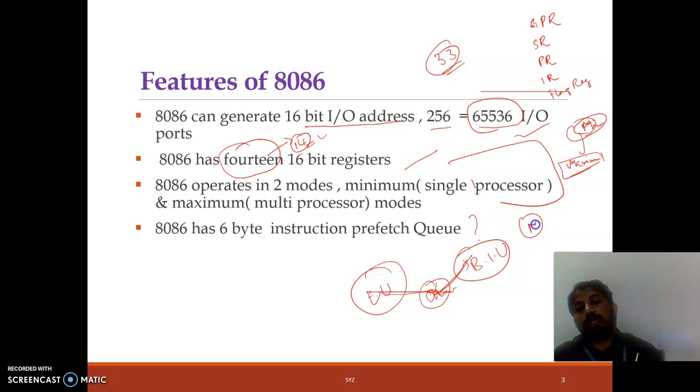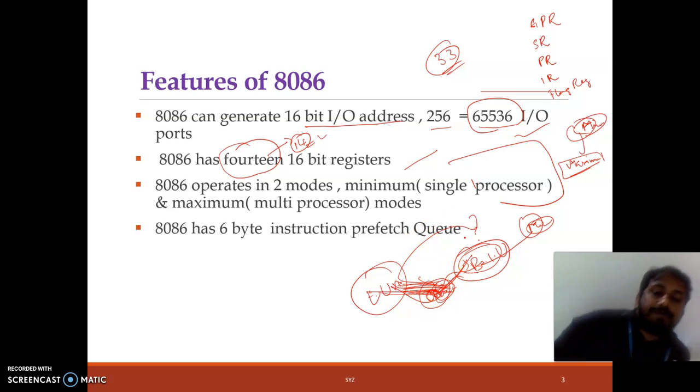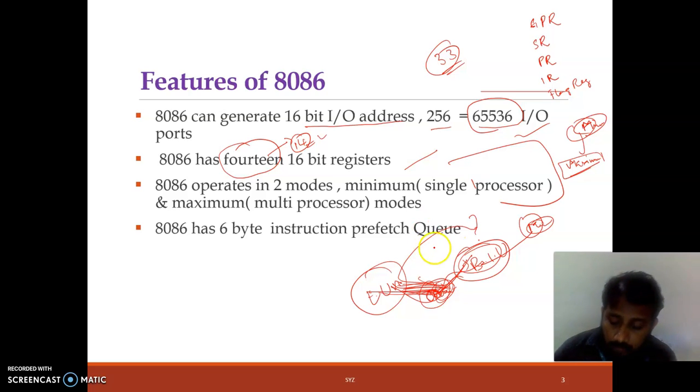The bus interface unit takes data from the memory and feeds it into the queue. One instruction is fed into the queue, and then that instruction gets executed. Later on, the next instruction is put in the queue. So every time it supports the execution unit by holding an instruction.